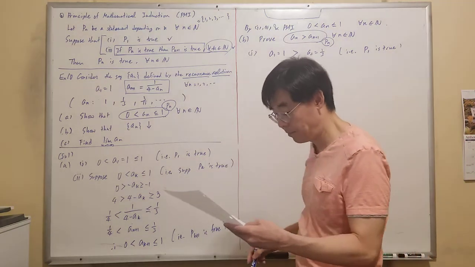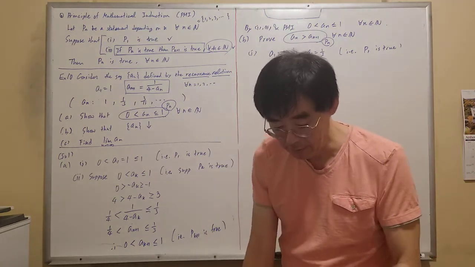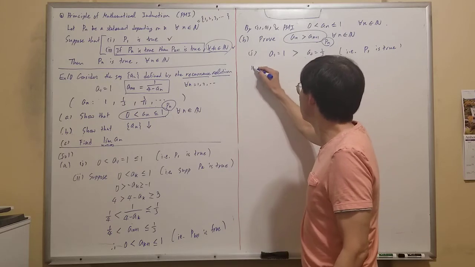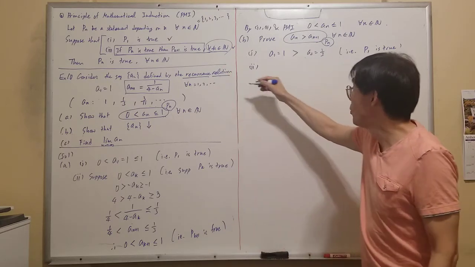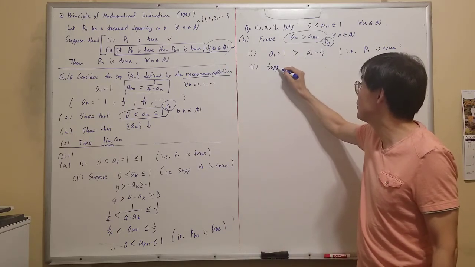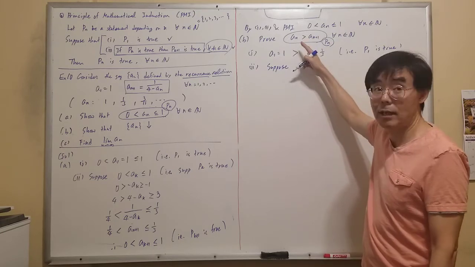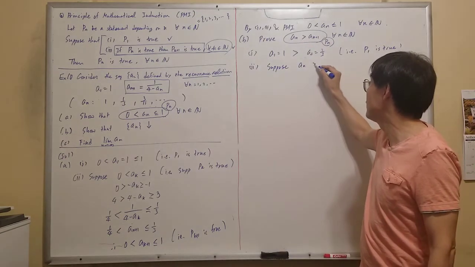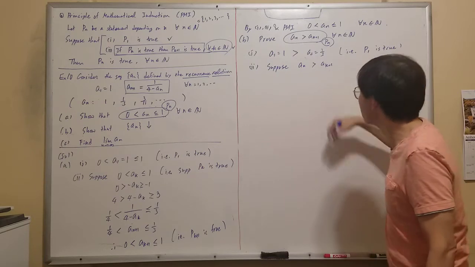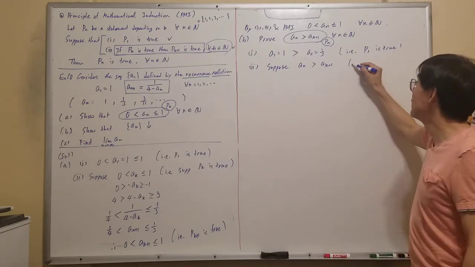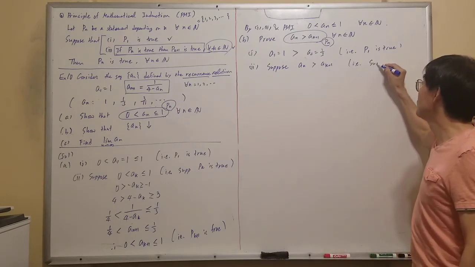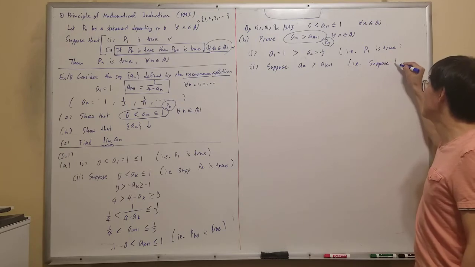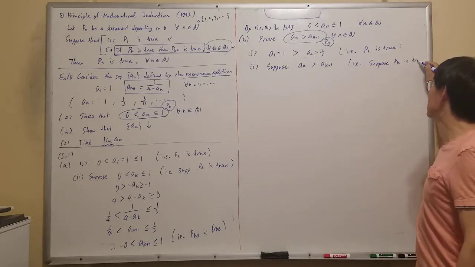Now, the second one. Suppose that the kth statement is true, which means a_k is greater than a_{k+1}. We're supposing that P_k is true.